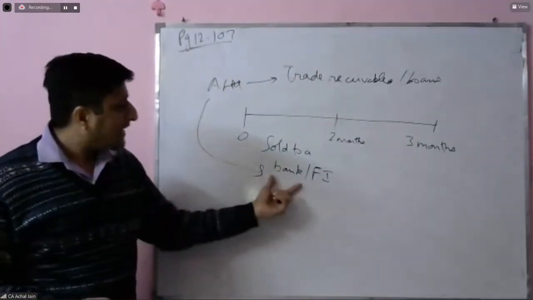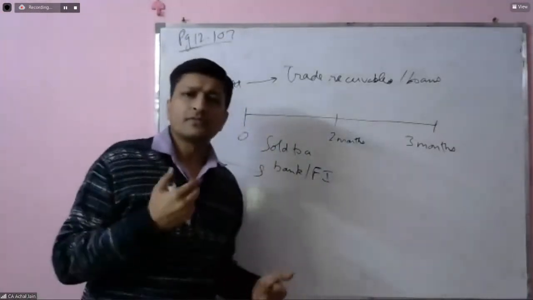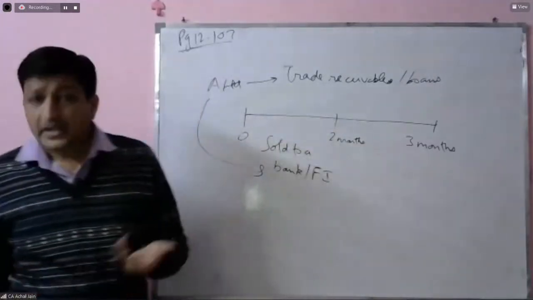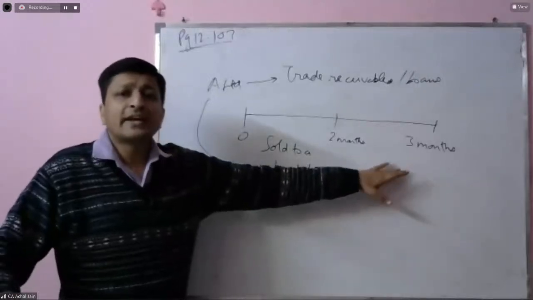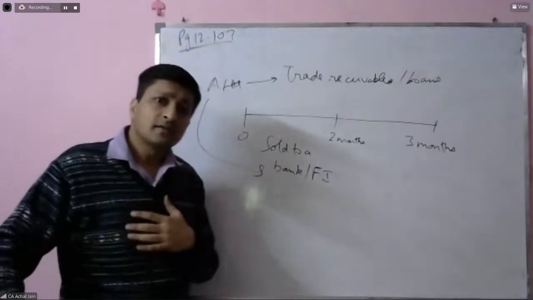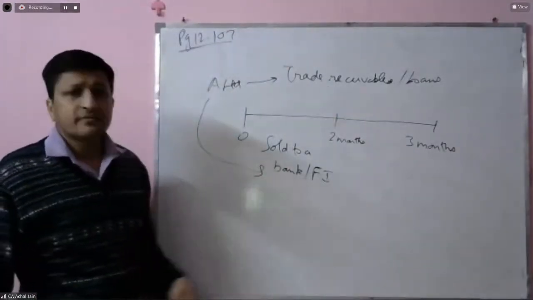Today the bank has given money to A Limited after deducting some amount, which will be charges, because that is how the bank will earn. And after 3 months, who will collect the money? The bank. And the risk of this collection of trade receivables also lies with the bank.